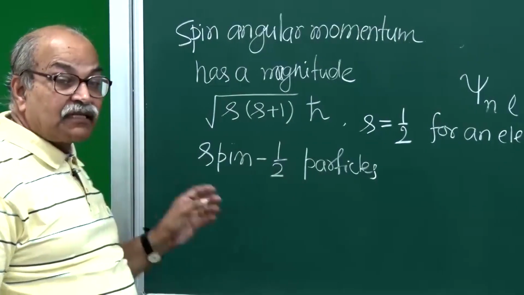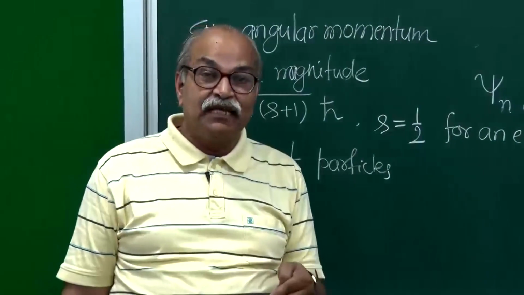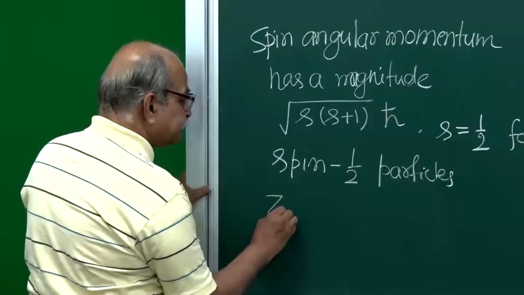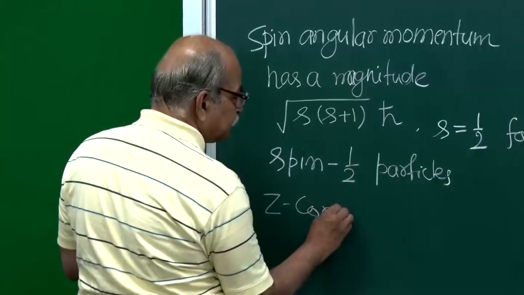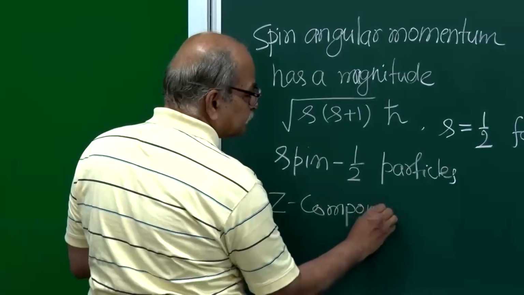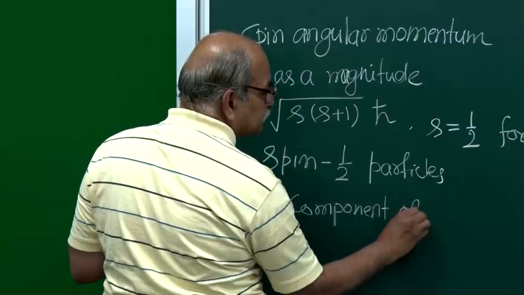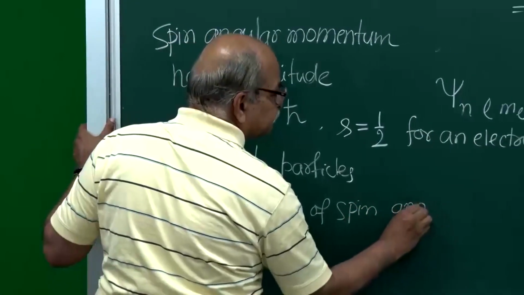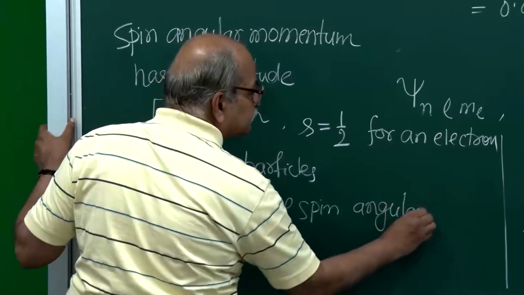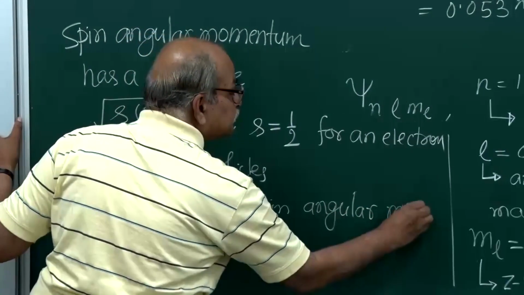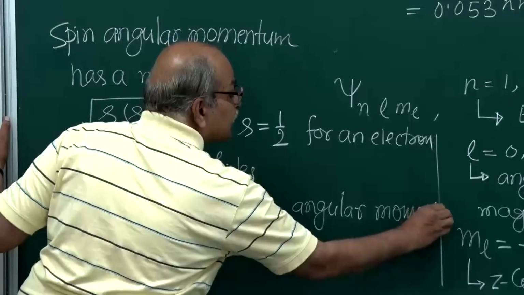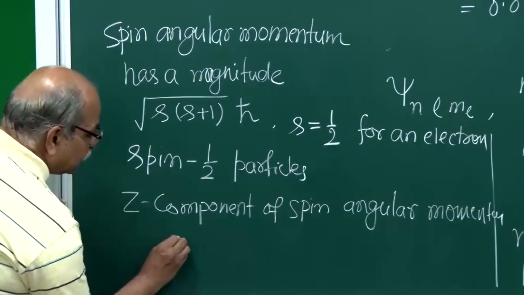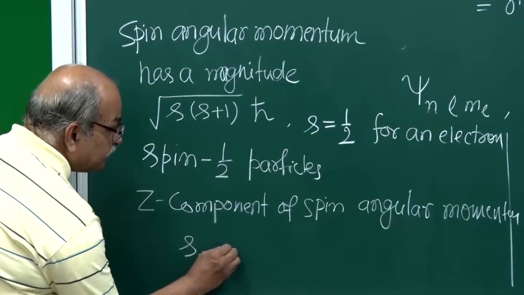But if you measure the z component of spin angular momentum, there are two possible values, and these two possible values, so I am talking of now Sz.